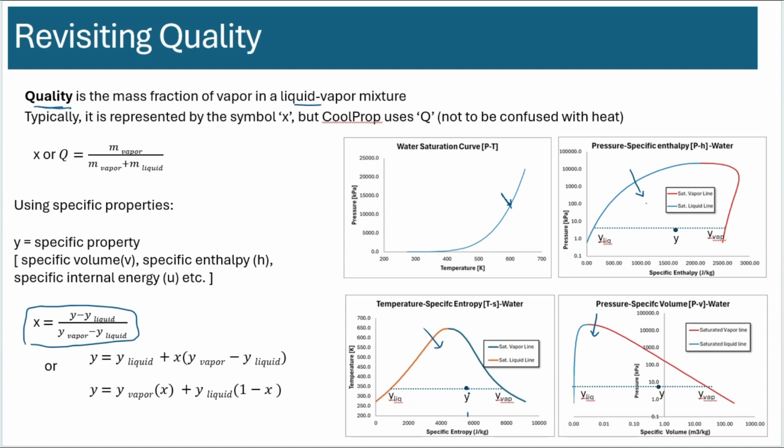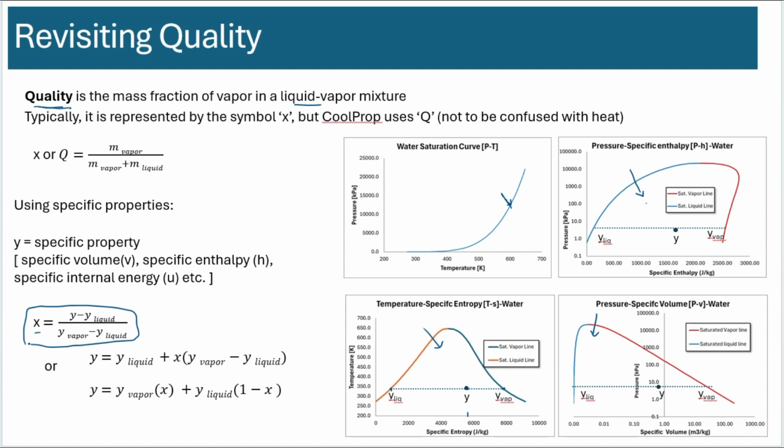If I know the value of that, and I know the corresponding specific property for the same condition, for the same temperature, at the liquid line and the vapor line, basically the saturated liquid and the saturated vapor. So if I know these three values, I can calculate the quality.